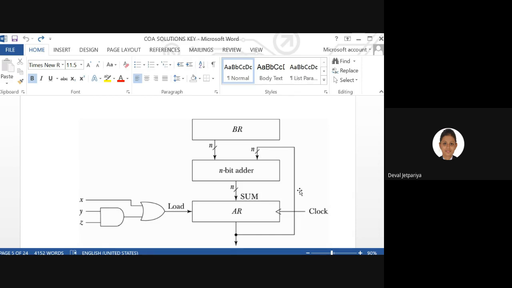See, AR is our final output register, right? So in the output you can give clock so that it will redirect your answer in terms of your clock criteria. BR is simply our input register.